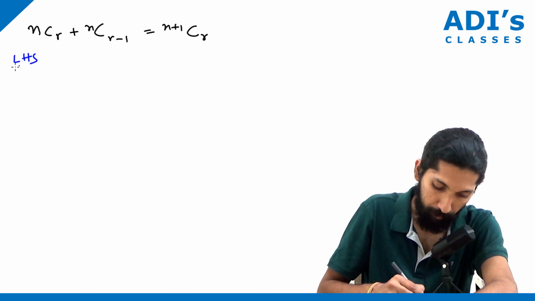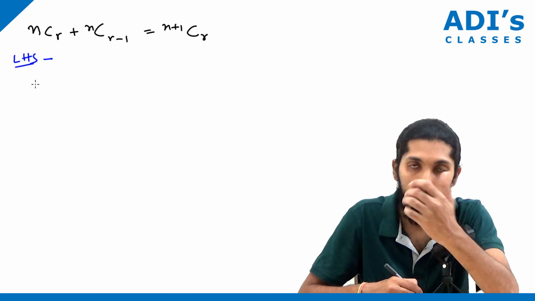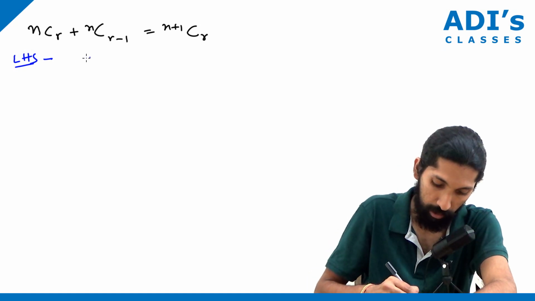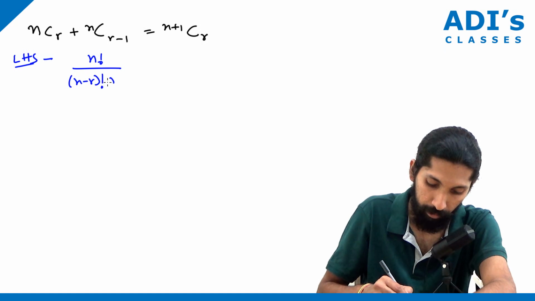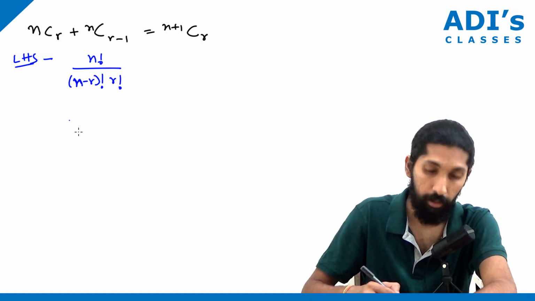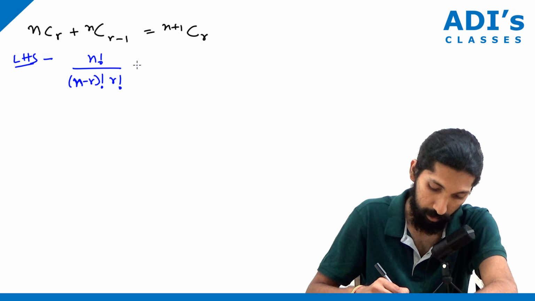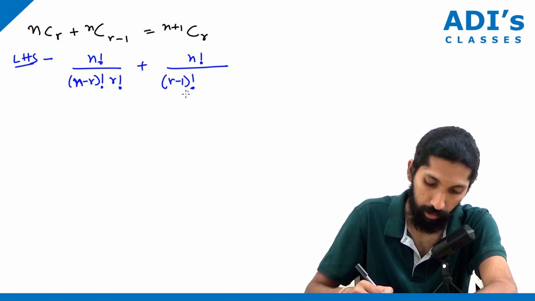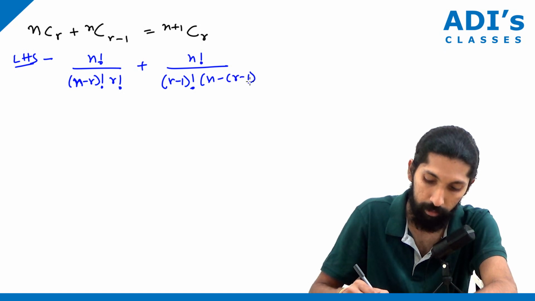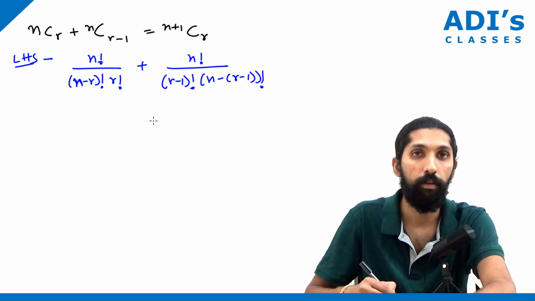So in the LHS part, nCr, we all know what is nCr, which is n factorial by n minus r factorial into r factorial, right? Plus n factorial divided by r minus 1 factorial into n minus of r minus 1 factorial. Correct?